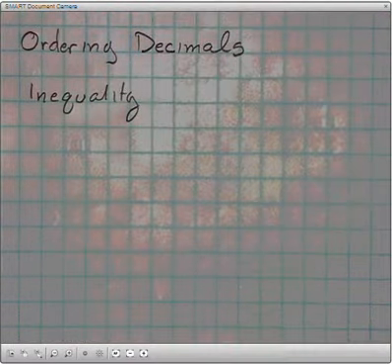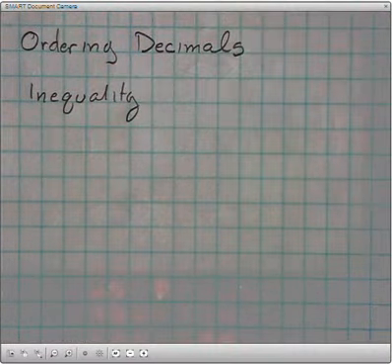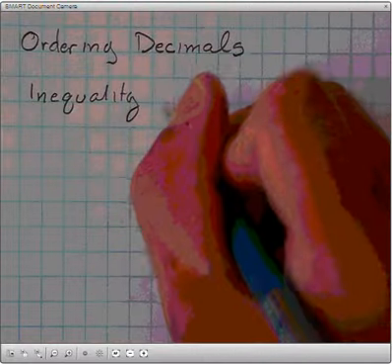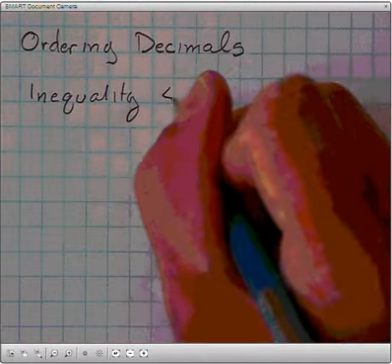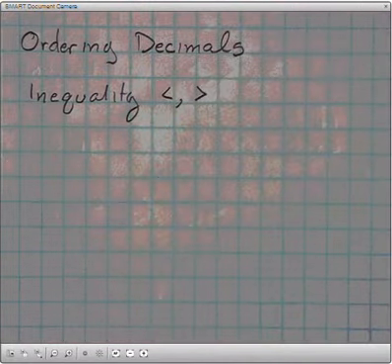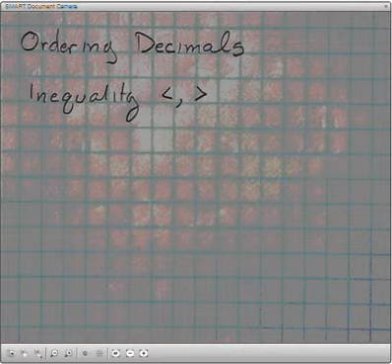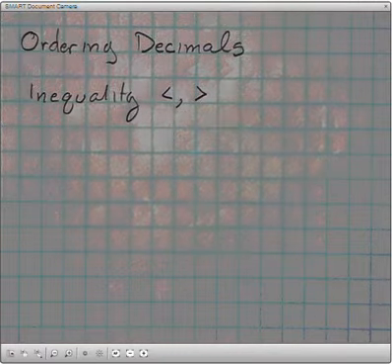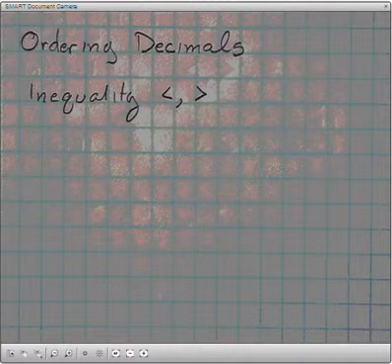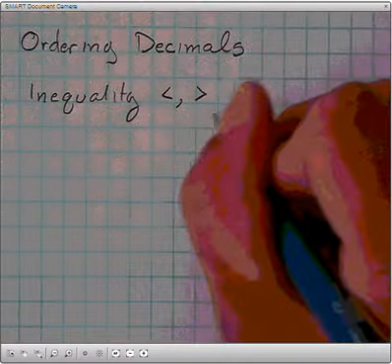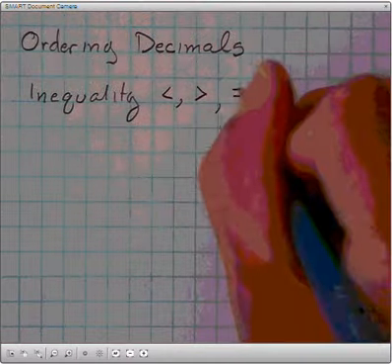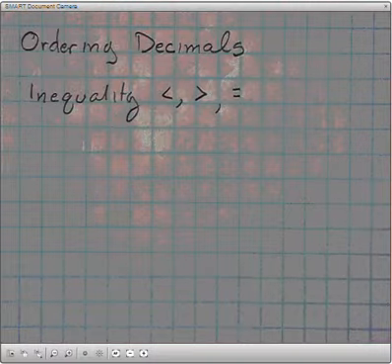An inequality basically means not equal to. So it could be less than or greater than are examples of inequalities. If the decimals are the same, sometimes we'll use an equal sign just to describe them that way.